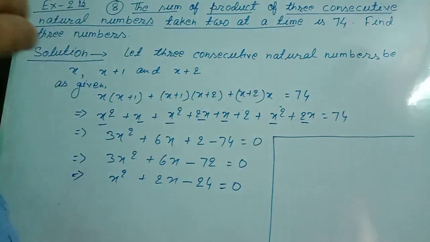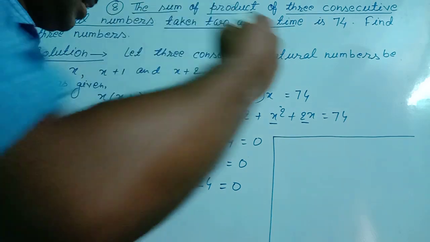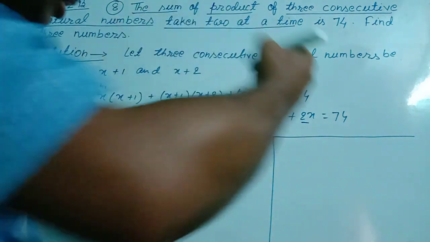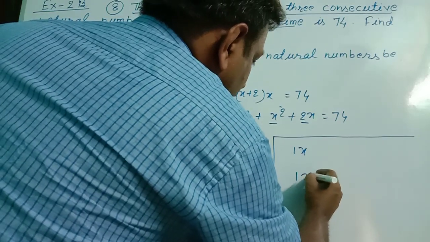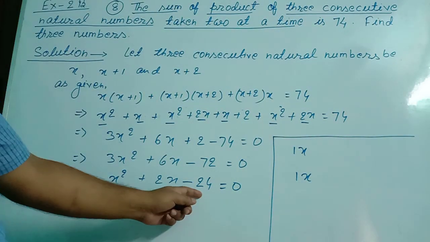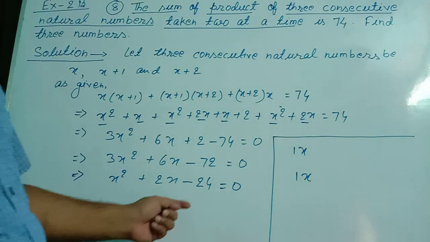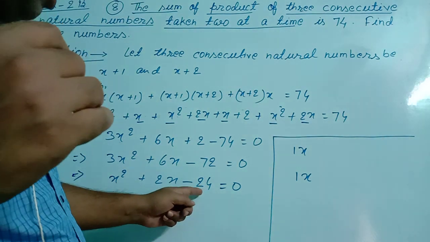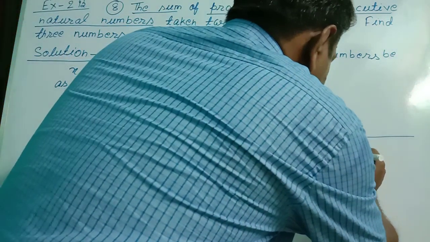We come to this box, we write the coefficient of x, that is 1, two times. Here 1x, and below that we write 1x. Now this is 24. We write the splitting of 24 into two such that 4 and 6.